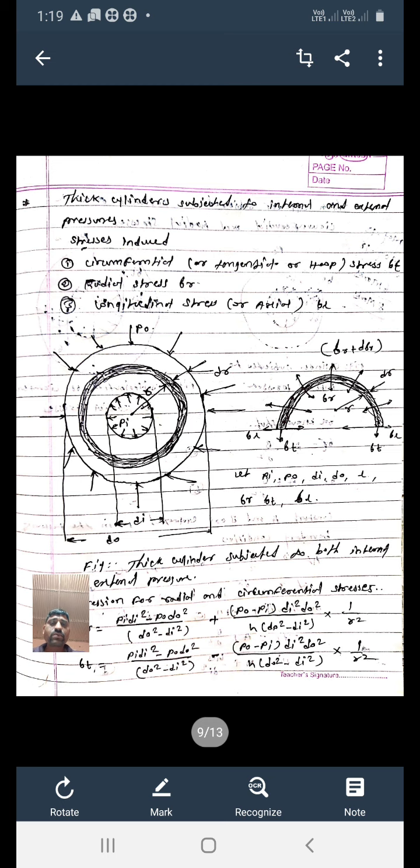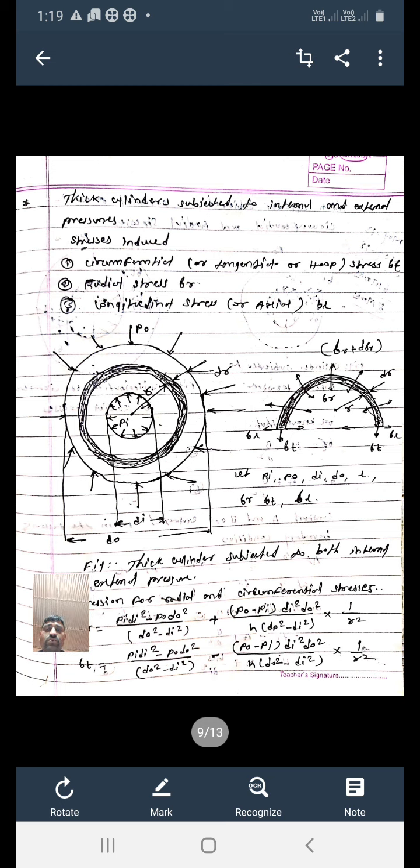There is one derivation given, with the help of which we want to find the circumferential stress, radial stress and longitudinal stress. But as per the syllabus, no derivation is required, it is not required to solve that derivation.